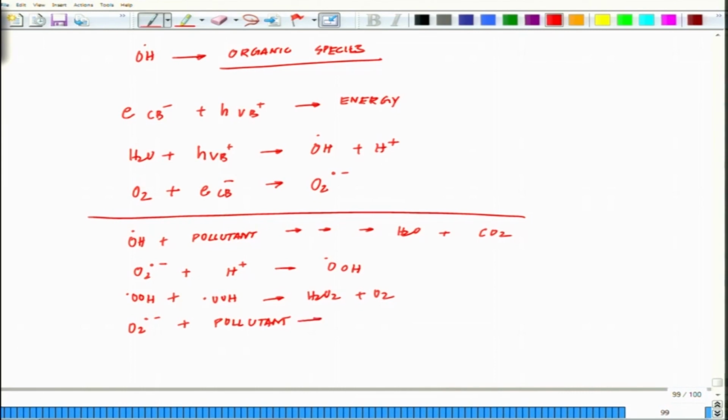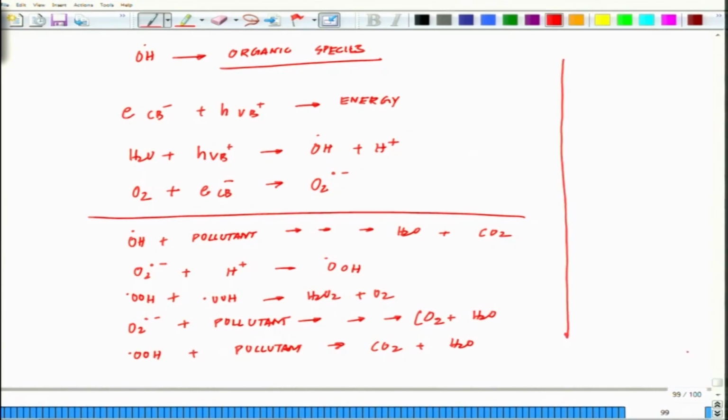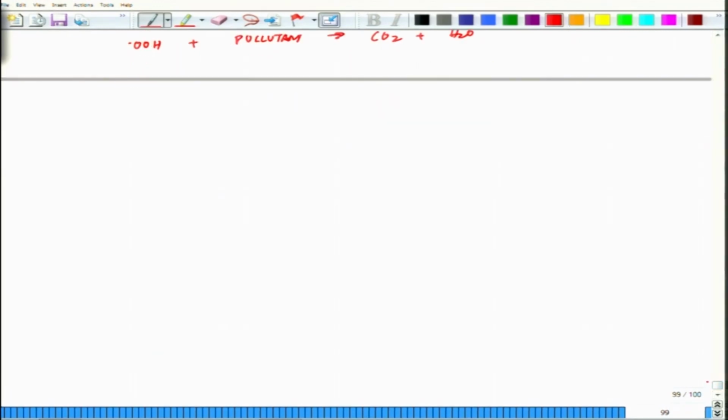This is where you are destroying the extremely harmful organic waste, H+ plus pollutant generating CO2 plus H2O. Now, if you look at it, there are a series of reactions happening here, and these are just a handful of them.